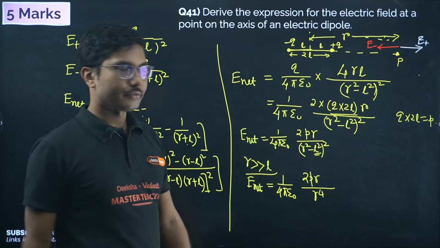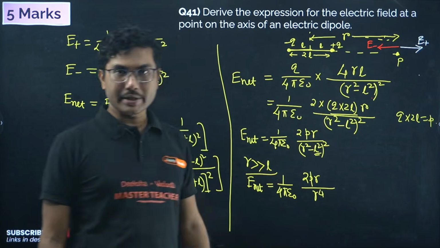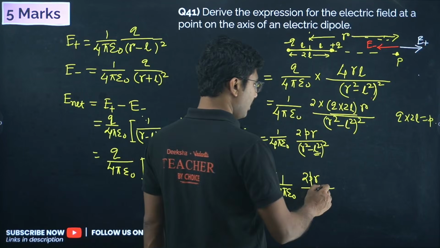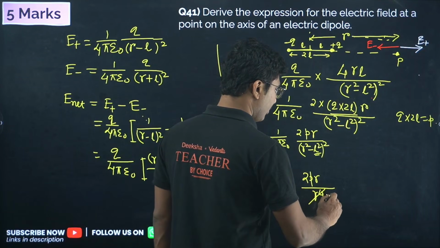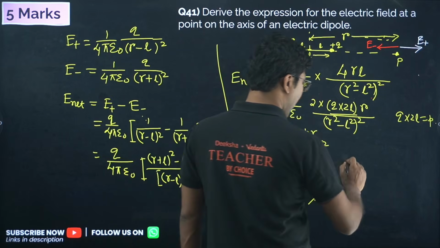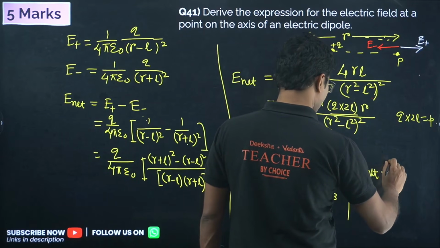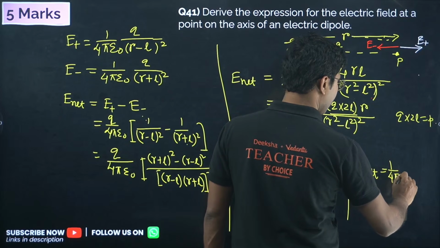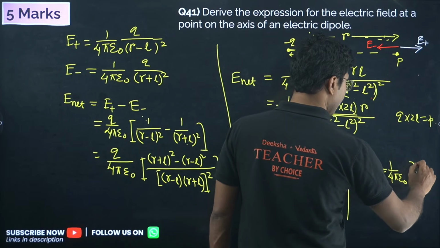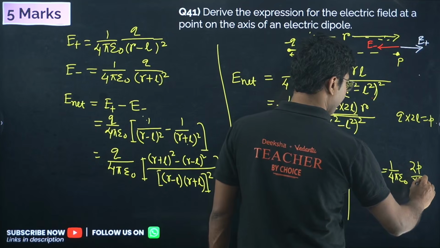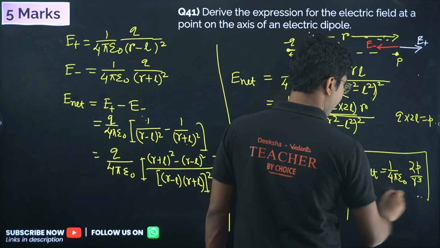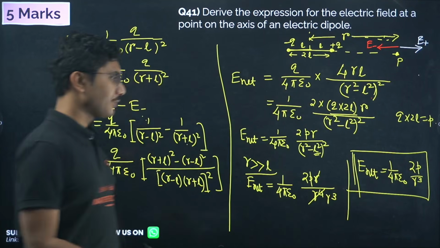Obviously the square is gone, r square to the power square is r to the power of 4. So here we get r cube, this cancels, and we get E net equals 1 by 4 pi epsilon naught 2p upon r cube. So this is the expression for the net electric field.